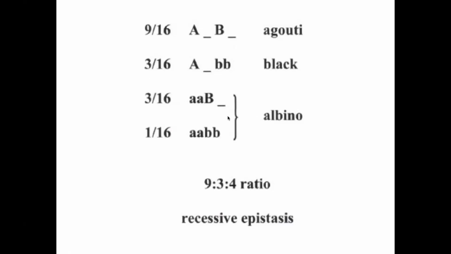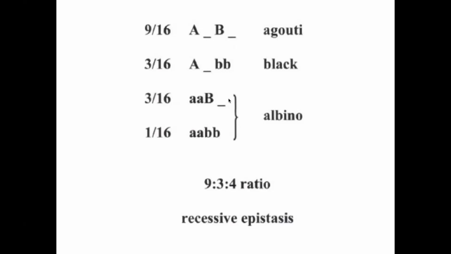If you're homozygous recessive A, you're going to be colorless regardless. So this is a form of epistasis that we call recessive epistasis. Homozygous recessiveness at the A gene is masking or modifying expression of the B gene. And that type of epistasis will give rise to a 9:3:4 phenotypic segregation ratio.